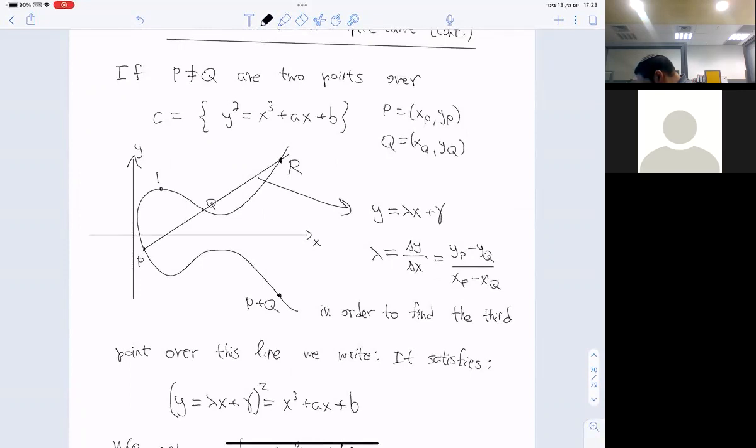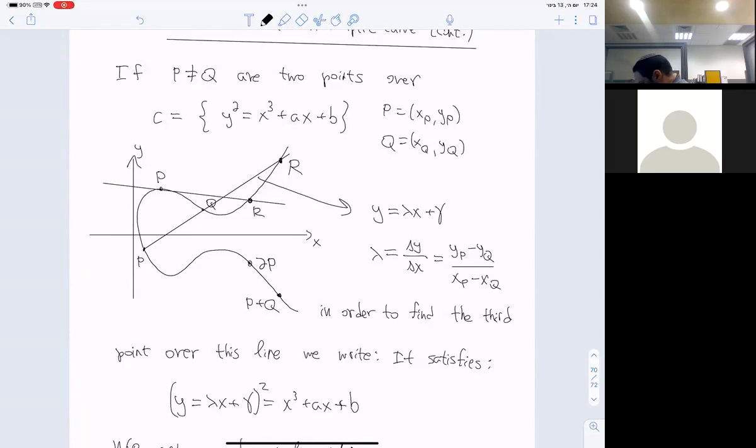If this is P, then its tangent gives R, and this will be 2P. So how do we find this R? Of course, now we don't have 2 points, we have the same point, but now we can just do a derivation.